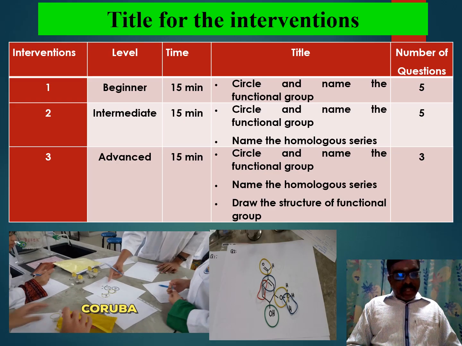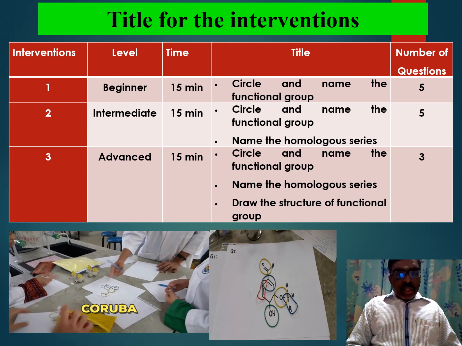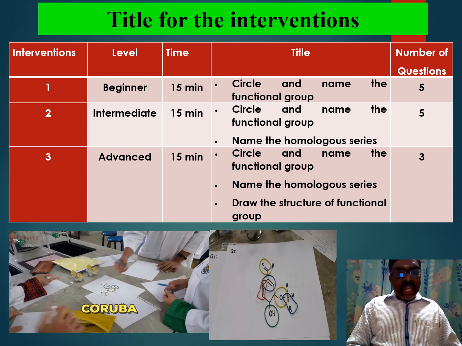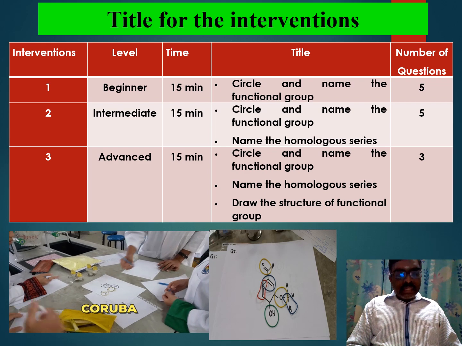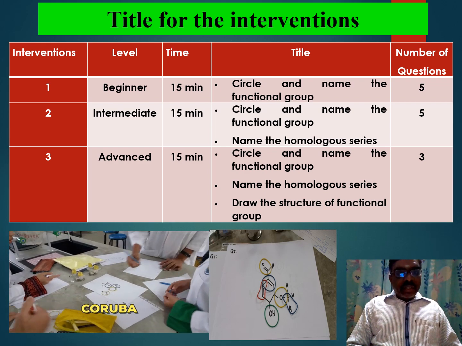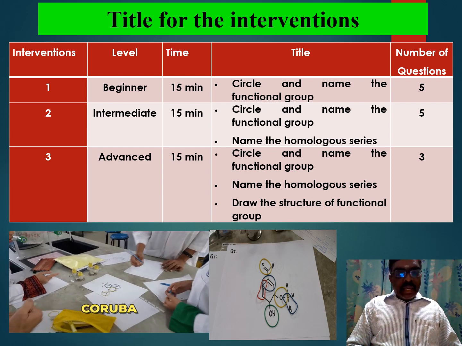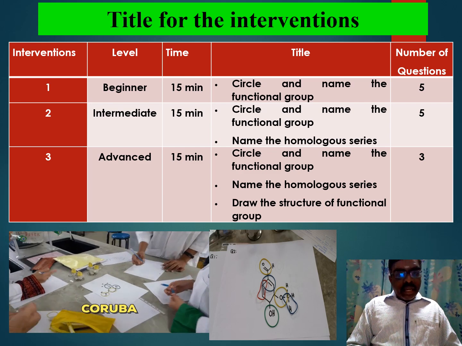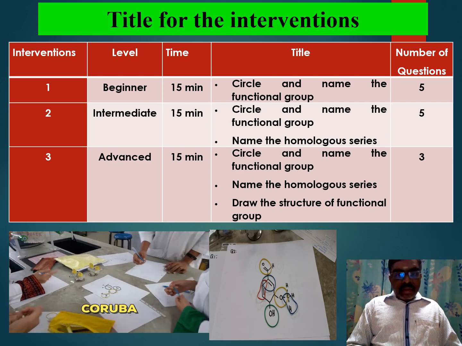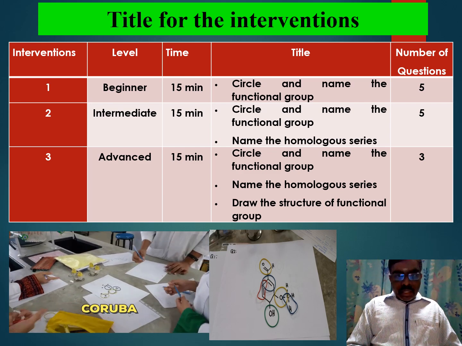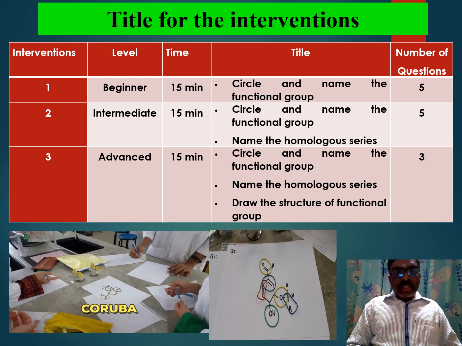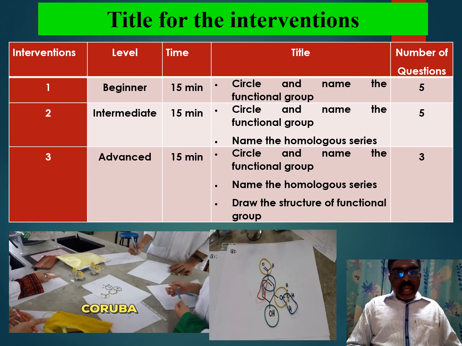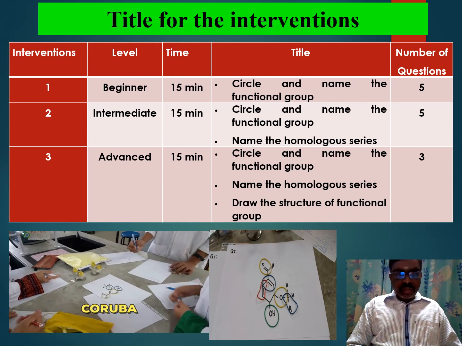As I mentioned earlier, in CoRuBa we have 3 levels, which we call interventions. The first intervention is beginner level, and the time is just 15 minutes. Students will be given 5 questions and have to circle and name the functional group.